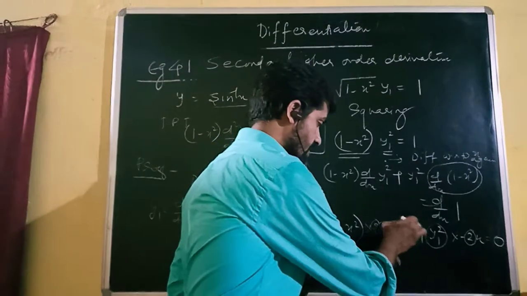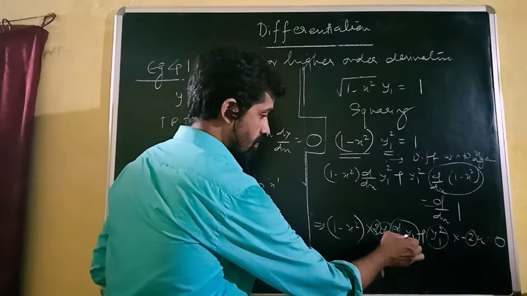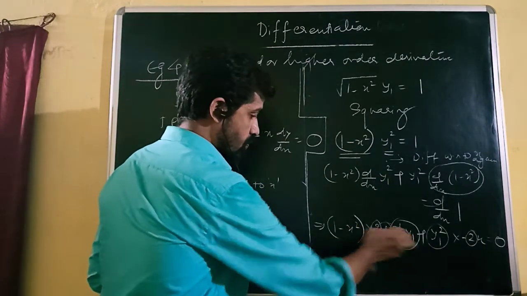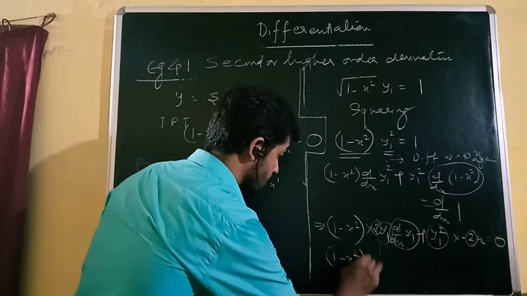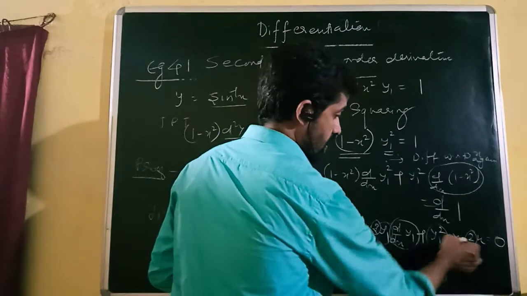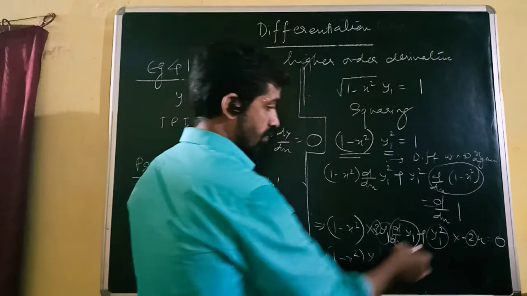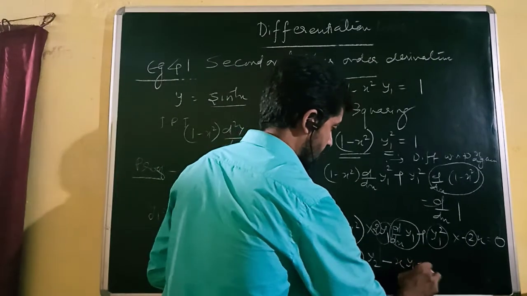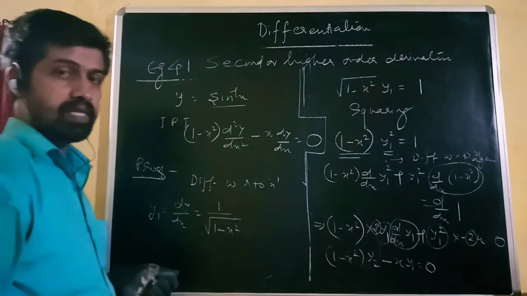So this one we can write down as y2. So we get y2 times this one, so we get 1 minus x square y2, and this is already common, so we are left with minus x, and y1 will be there because we have taken 2 y1 common, equals 0.